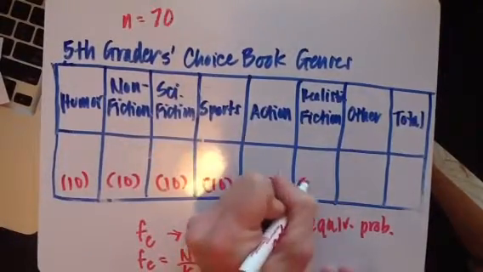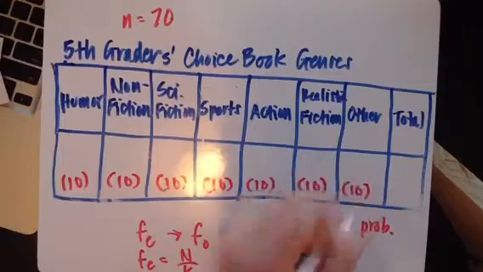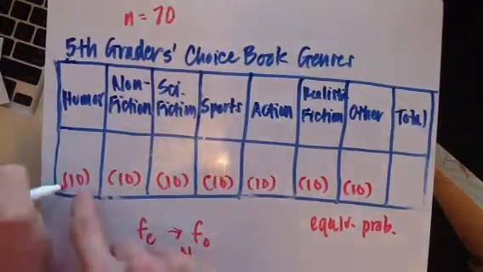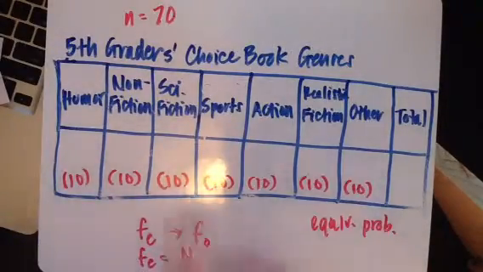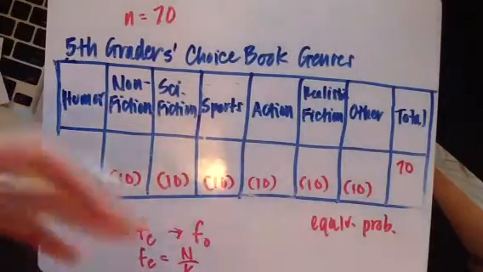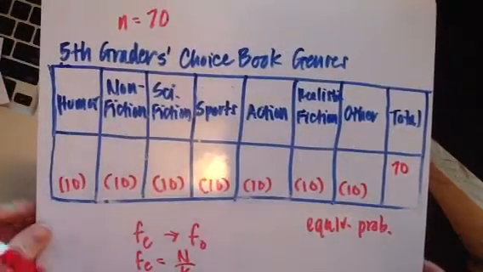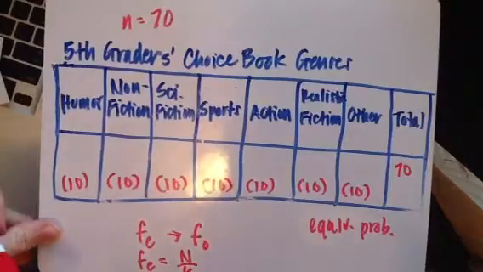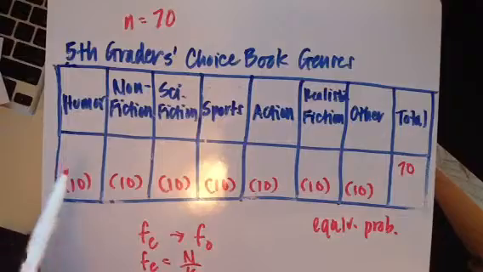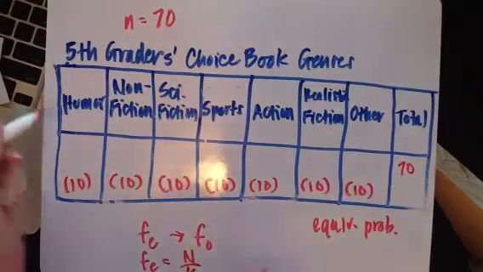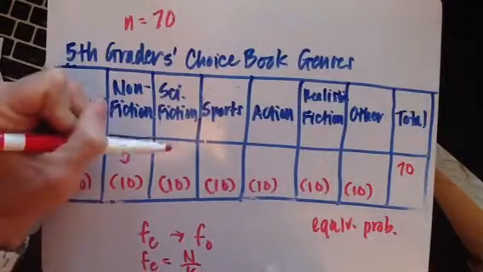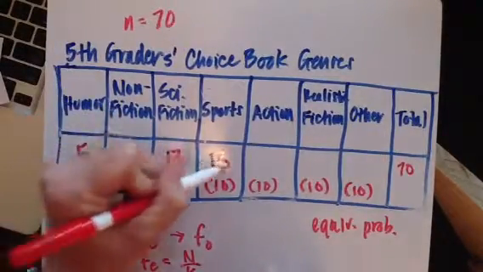And the expected frequency, when it is included in a contingency table like the one we're creating here, is put in parentheses, okay? So our total, because it's our n size, is going to be 70 over here. So let's say we talk to fifth graders, we look at their books, we see what genre each of their books falls into, and then we count the number of students whose books fall into each of these categories. So let's just say that we have, I'm just totally making up these numbers here.